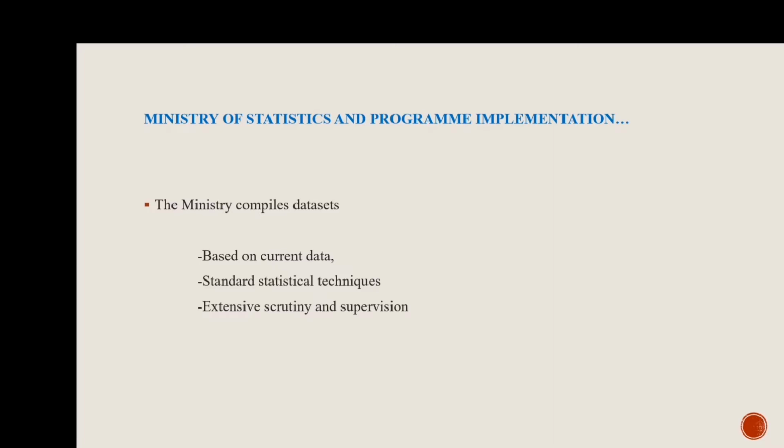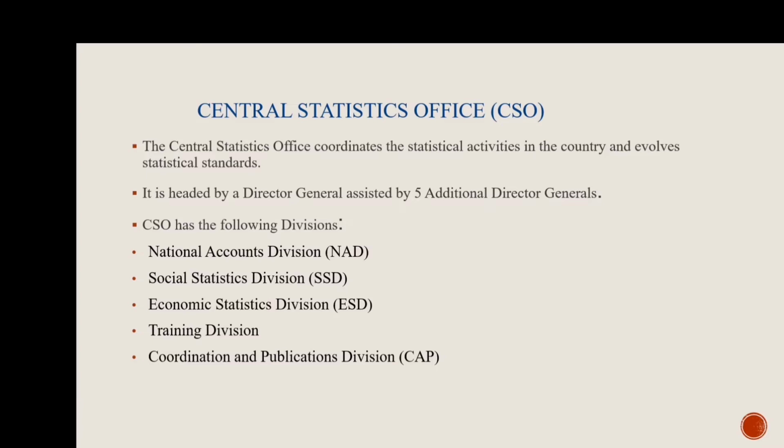Next, let's consider the functions of CSO. The Central Statistics Office coordinates the statistical activities in the country and evolves statistical standards. It is headed by a Director General assisted by 5 Additional Director Generals.